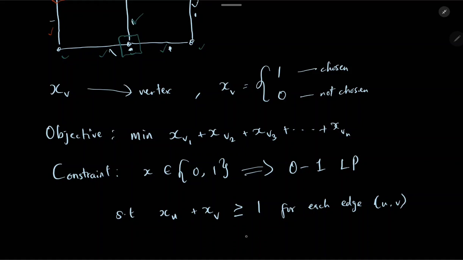So that means we want 1 or more than 1, right? That's why we have greater than or equals 1. The point I'm trying to make is that where you are looking for at least 1, you should use greater than or equals 1. But when you're looking for at most 1, you'd be using less than or equals 1.